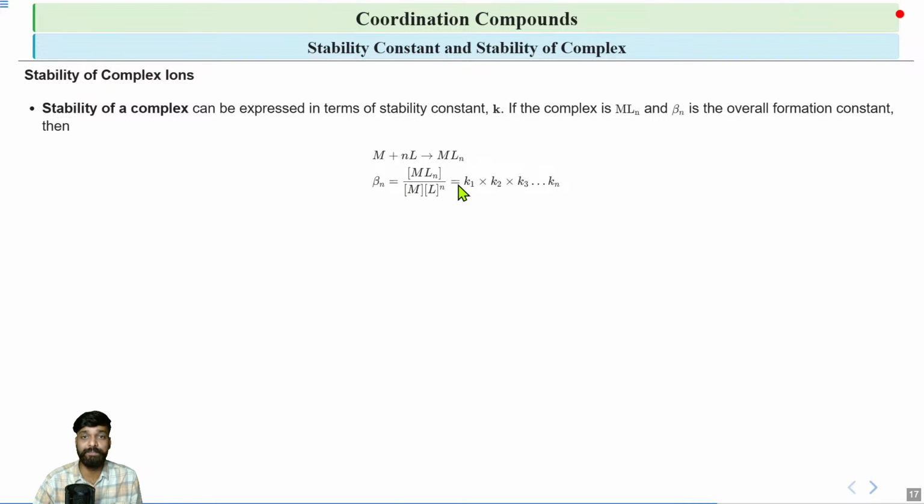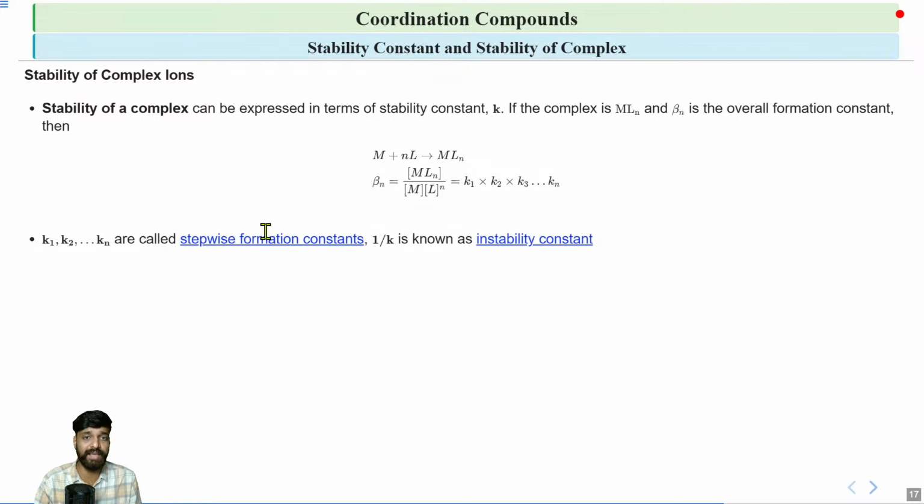Now for each step there would be a stability constant, which is K1, K2, K3, and so on up to the nth ligand. Overall, this is known as the stability constant, or beta n. K1, K2 and K3 are stepwise formation constants. For each step, you can write the equilibrium constant K. Suppose the first ligand is added, M plus L gives ML, so that is K1.